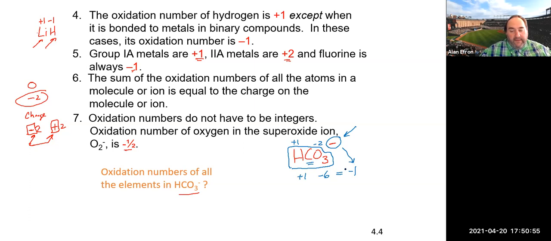Remember, we want to end up with -1. That means in this case, the carbon should not be +5, but +4, if I read that right. And when we do that, +1 and +4 is +5, -6 is -1, and that would be the oxidation numbers for each of these. First off, any questions on how I assign those numbers?